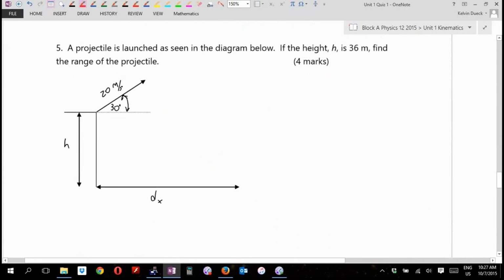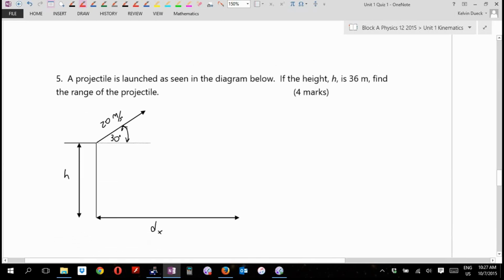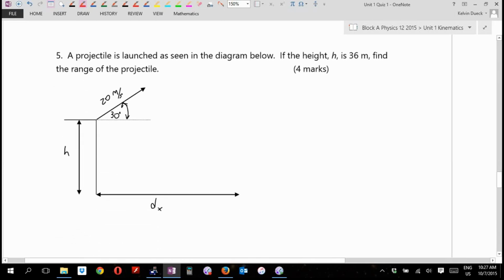Number 5. Ugh. Cliff at an angle. Ugh. Please tell me he left me lots. Oh, he left me lots of room. Okay. Is it a projectile? Well, then I'm going to do this.